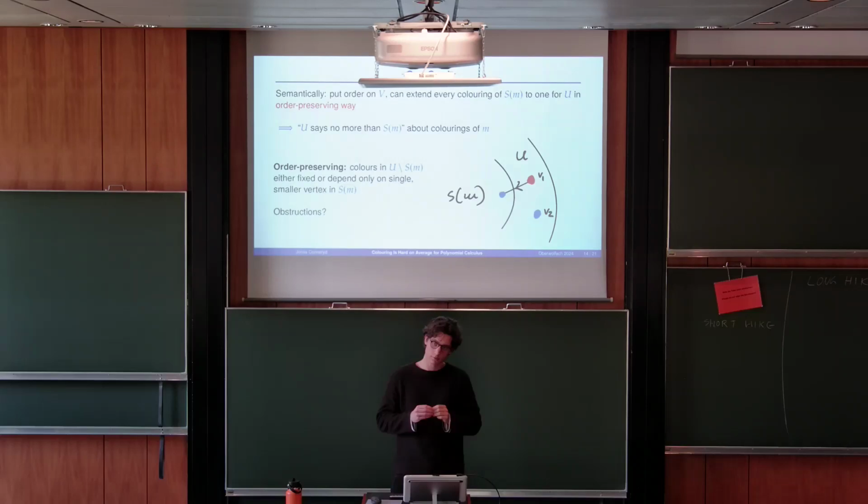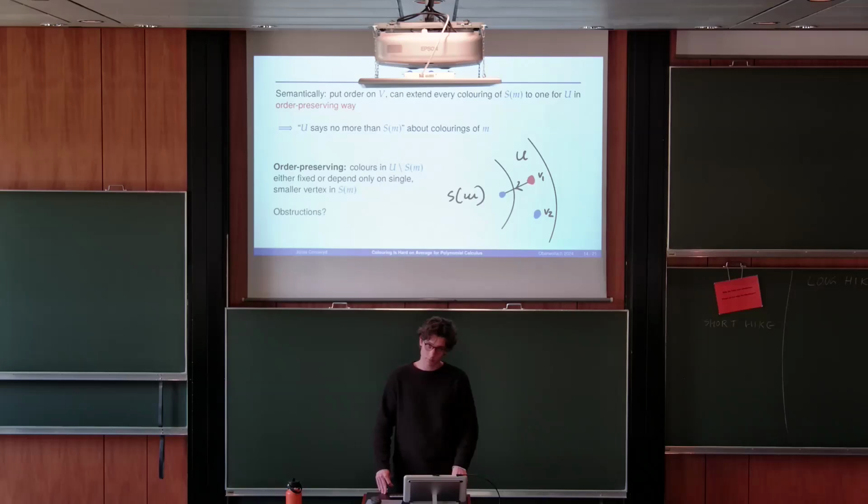I thought that all vertices in U are supposed to come after all vertices in S of M in the ordering. Sorry, I didn't understand the question. It just has to hold for neighbors where there's an edge between them. Then they're smaller. It was just intuition about that condition.